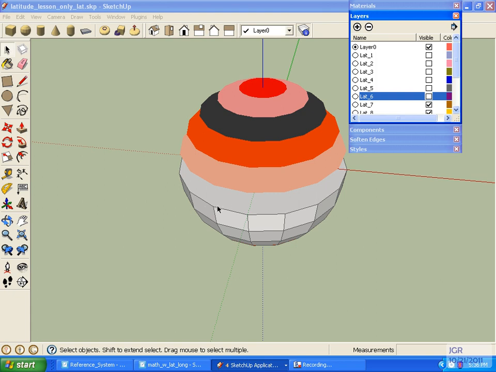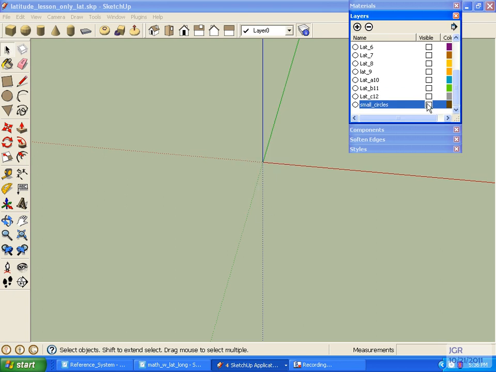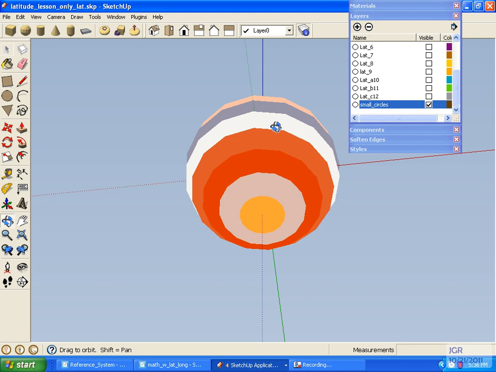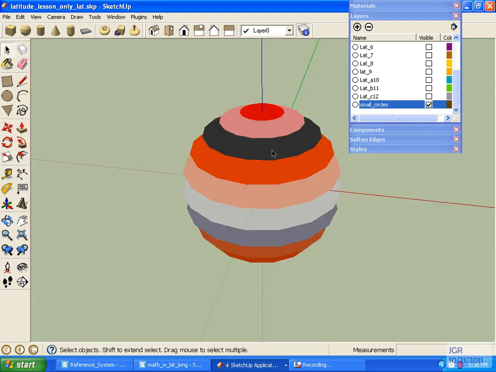Now, once they hit the equator, they again reduce in size, continuing downward, making that same shape. Okay, so what we see is smaller circles towards the poles, larger circles towards the equator, and the largest latitude line is the equator.